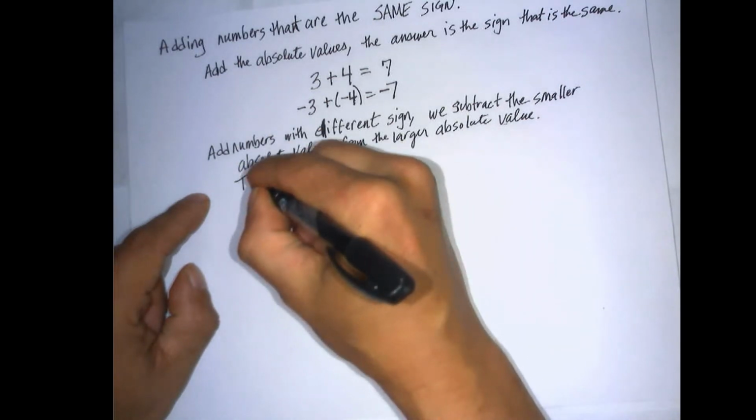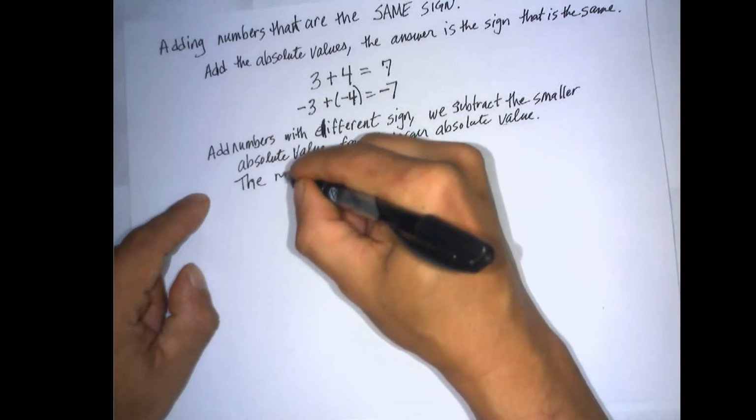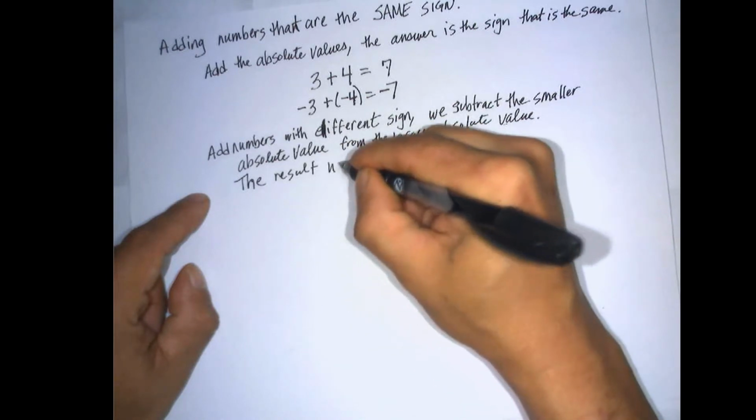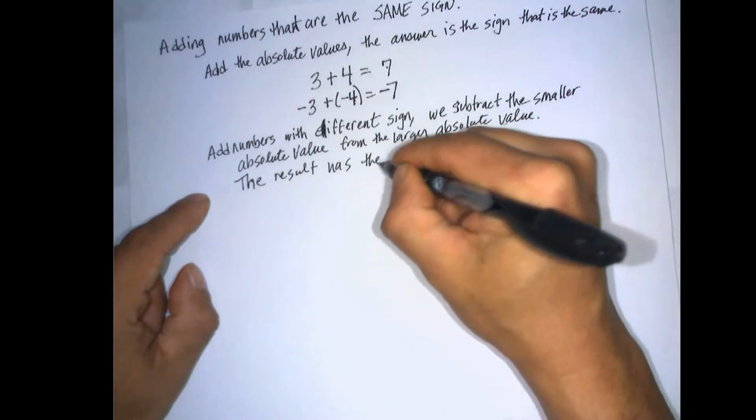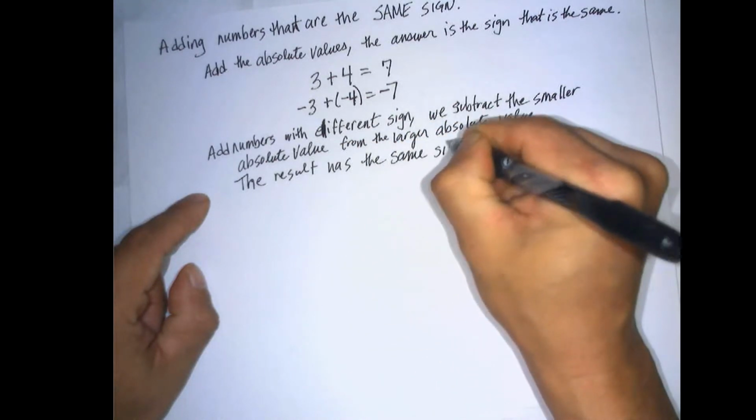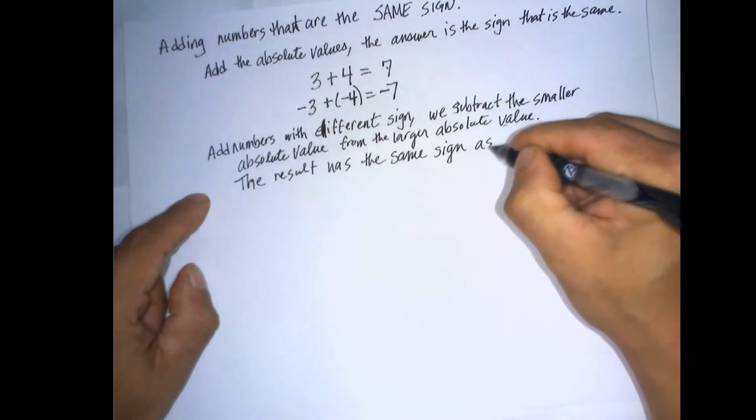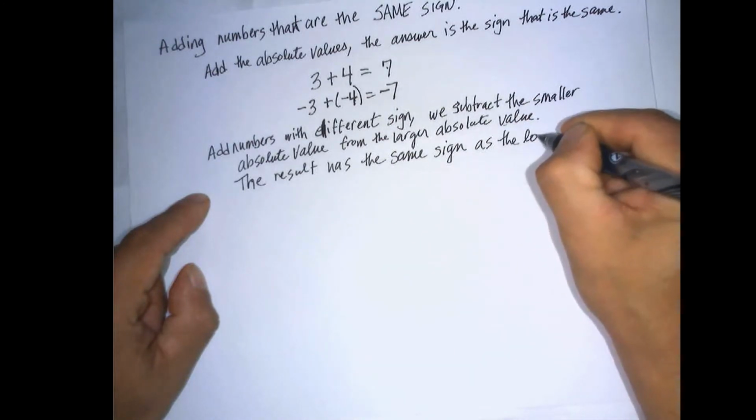The result has the same sign as the larger absolute value.